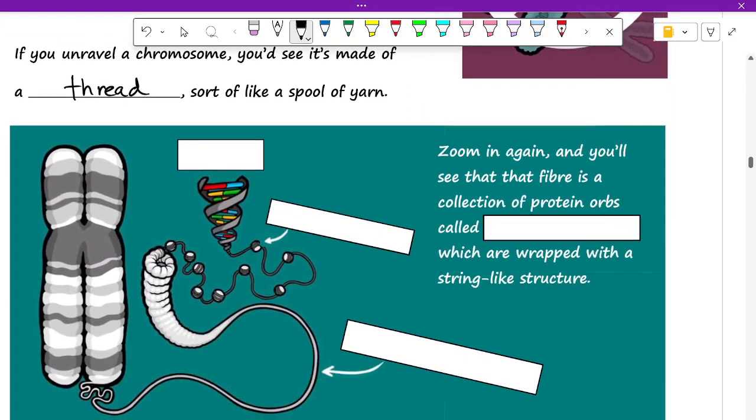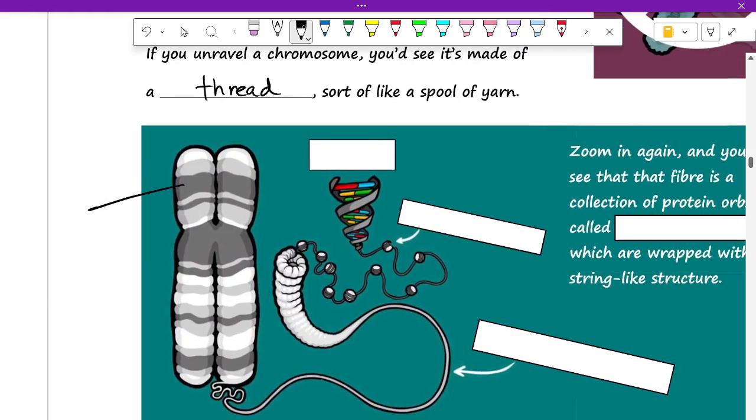So here we have our chromosome. Here we have the chromatin. Here we have the histones. And here we have the DNA.